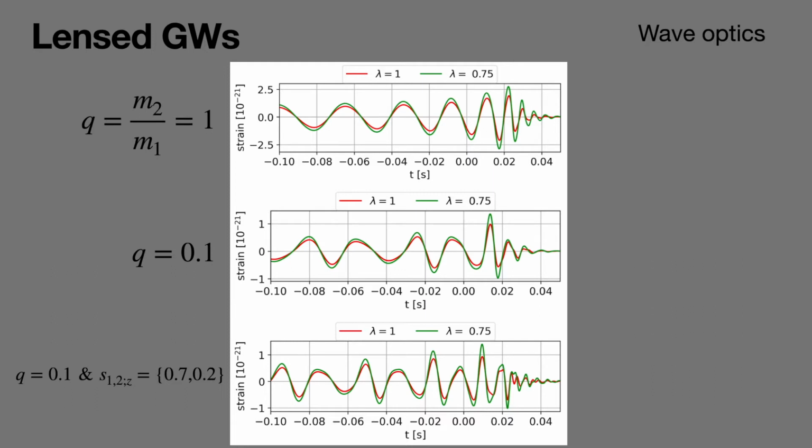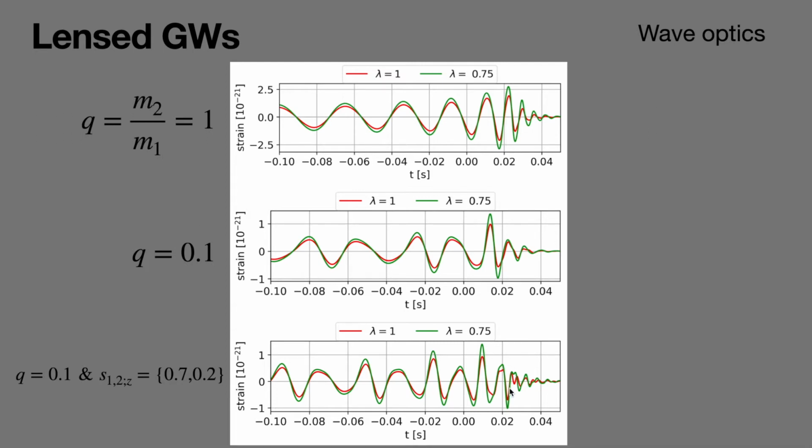Here I'm showing 3 cases for 3 different source configurations. The signal with lambda equal to 1 that we consider the original signal is shown in red, while the transformed one is in green. The differences between the 2 signals are subtle, but we can find some of them.